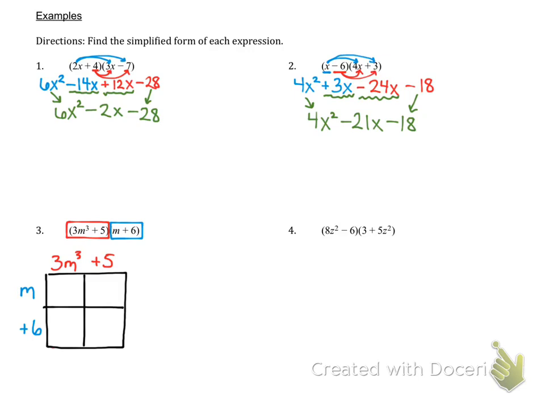So now for this, what I'm going to do is I'm going to multiply this m and this 3m cubed to make up that first box. So 3m cubed times m is going to be 3m to the 4th. Then I'm going to do this m times our positive 5, which is a positive 5m.